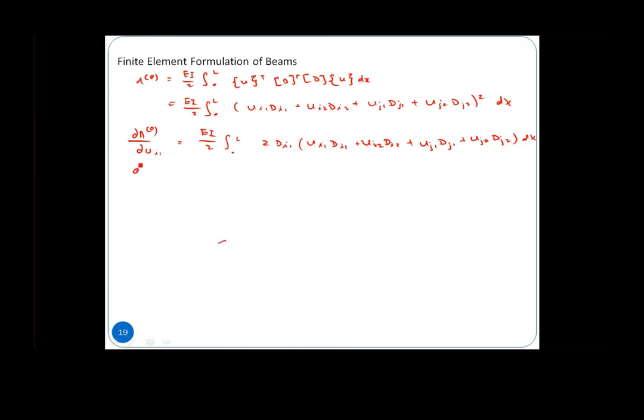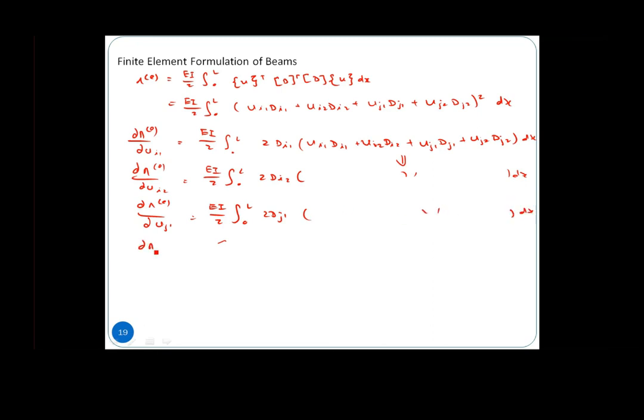So if I want to find the derivative of the lambda element with respect to UI2, then everything is the same, right? You have integral 0 to L, 2 DI2, and that is basically the same, dx. And the same with the lambda E with respect to UJ1, you have EI over 2, integral 0 to L, 2 DJ1, again the same.